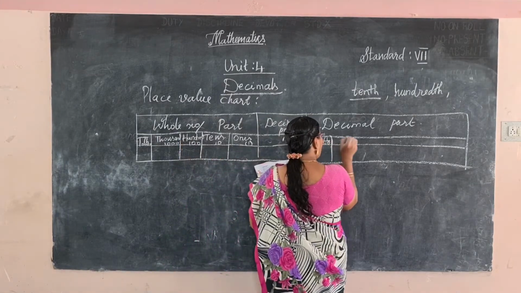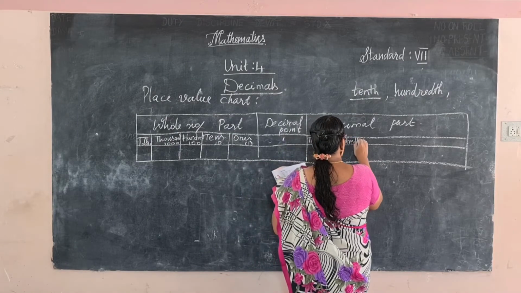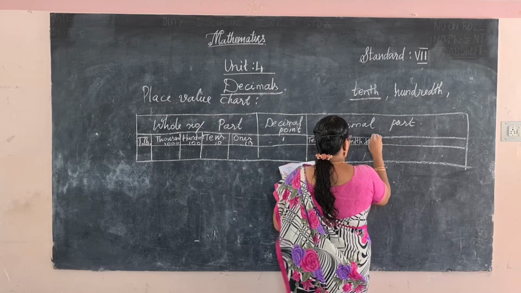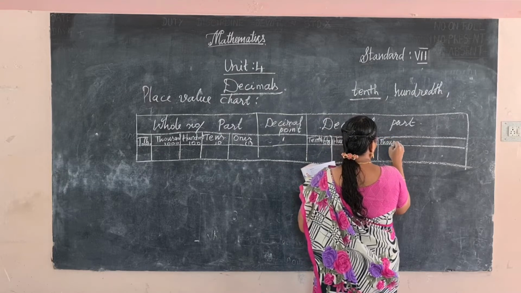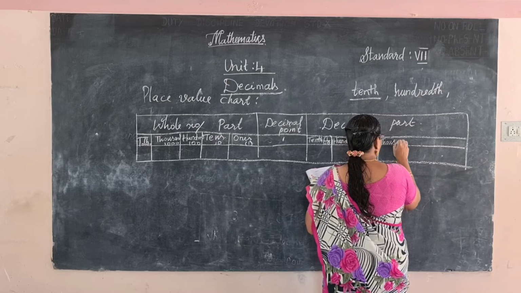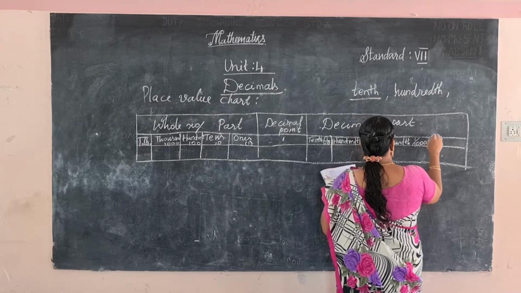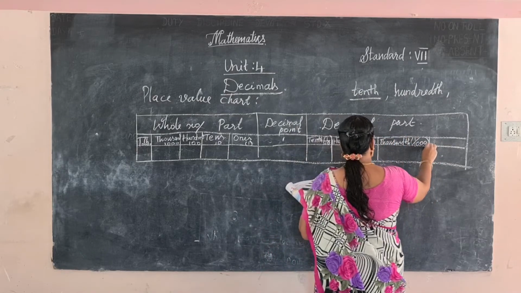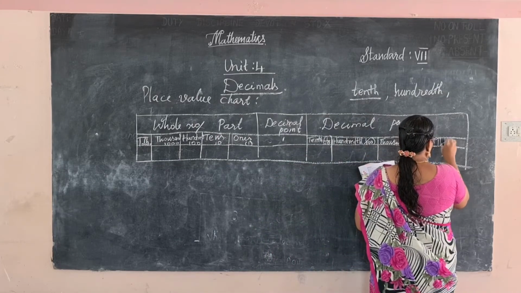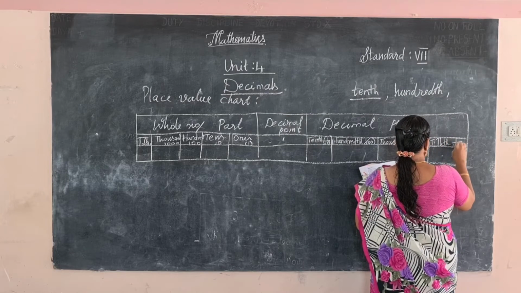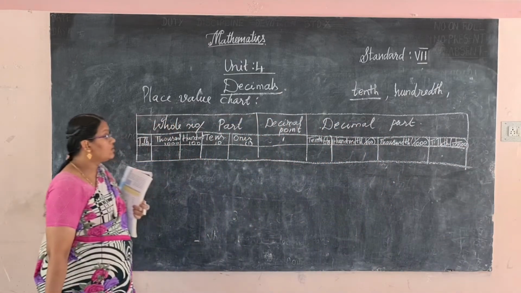The hundredth place means 1 by 100. The thousandth place means 1 by 1000. And then the ten-thousandth place, 1 by 10,000.